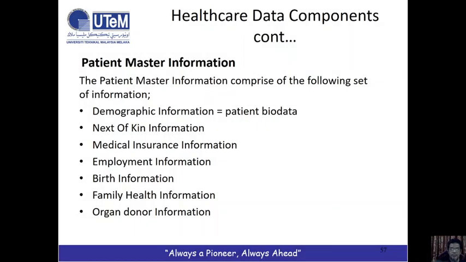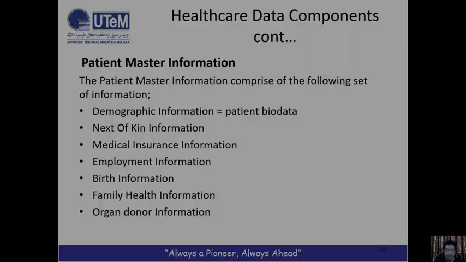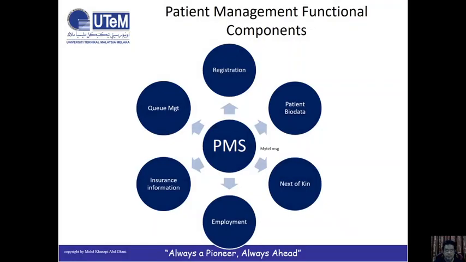Okay, and then you list the entity. If you don't know what is the entity and attribute, you just list down all the necessary information for you to provide information about the patient biodata, for example.